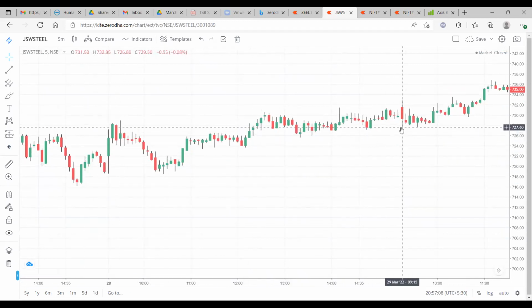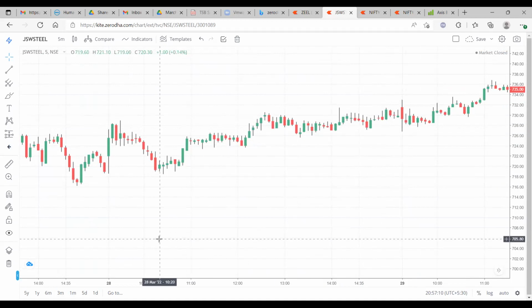Yeah. This is 28th. So when do we use the 1 day versus the 5 minute chart? When you are investing in swing trading, means today you're buying and you want to keep it for a couple of days or a week or so, then you have to use the 1 day time frame.